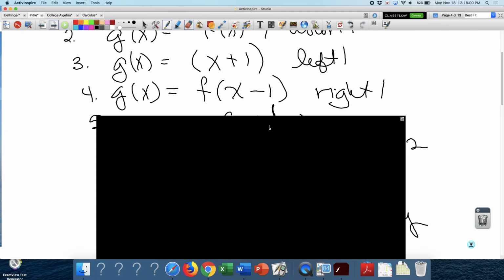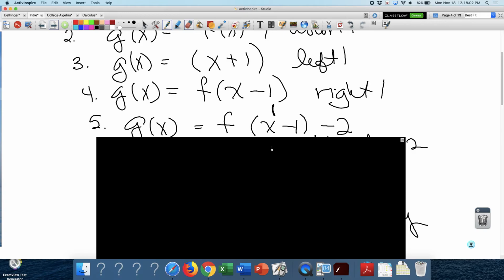Okay, let's look at number 5. We got a couple of things going on here. What 2 letters do we have with number 5? We have C and D. C and D are both dealing with left, right, or up, down. Now, inside the bracket, it deals with the horizontal, left, right.